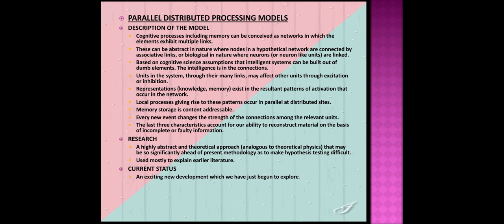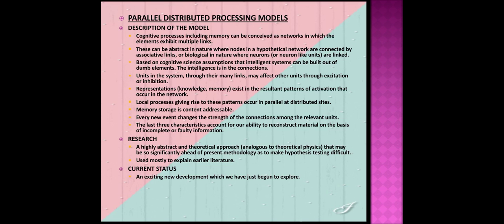Units in the system, through their many links, may affect other units through excitation or inhibition. Representations, knowledge, memory exist in the resultant patterns of activation that occur in the network. Local processes giving rise to these patterns occur in parallel at distributed sites.